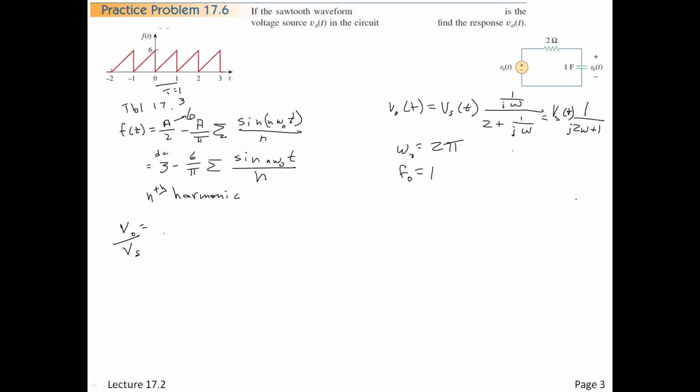I know the DC response. The nth harmonic will be what? Minus 6 over n pi, all right, sine of 2 pi n t.